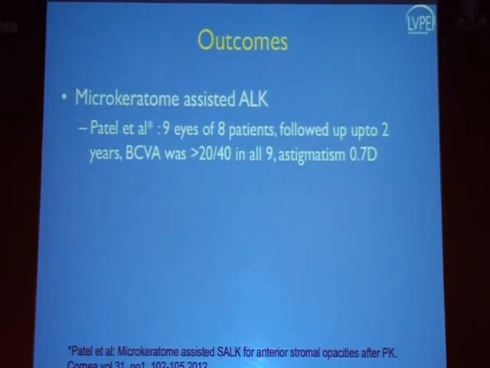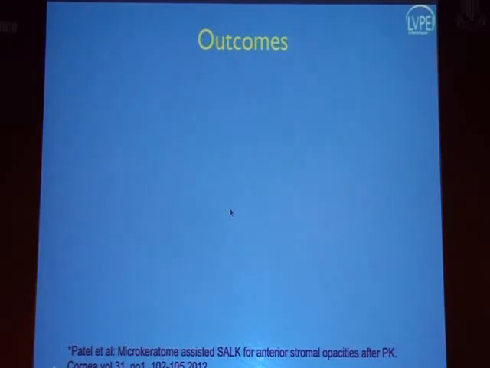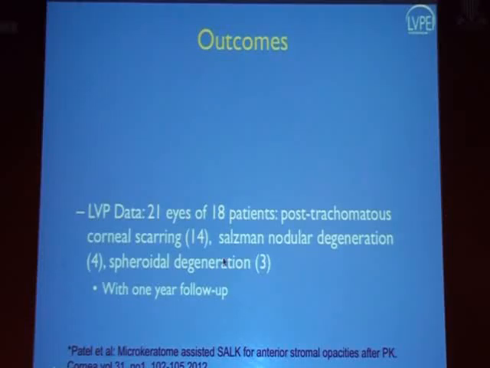So the study that I was going to present about our cases is pretty similar to the technique described by Patel et al., in which they had 9 eyes of 8 patients who they followed up for 2 years. Based on this, we selected 21 eyes of 18 patients, and the majority of these patients' indications were post-trachomatous corneal scarring, and there were 4 cases of Salzmann nodular degeneration, and 3 patients with spheroidal degeneration.